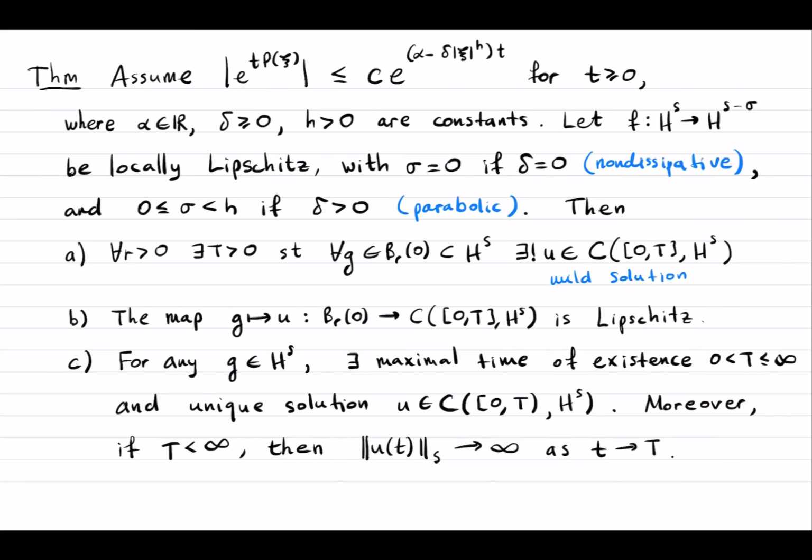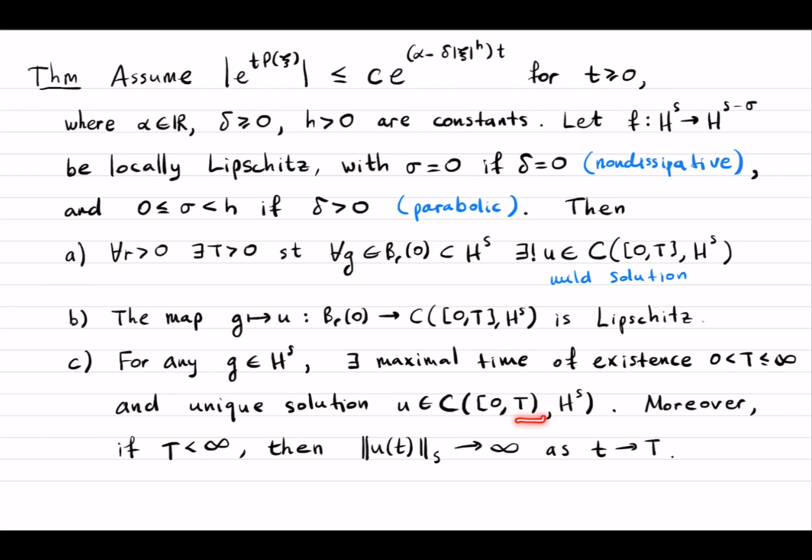The second part of the theorem says that this mapping that sends the initial data into the solution is Lipschitz. The third part, you can say it's the criterion on global solution. So for any given initial data, there exists a maximal time of existence, capital T, that can be infinity, and the unique solution on that interval.